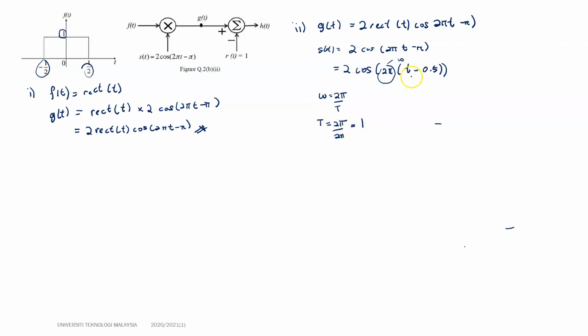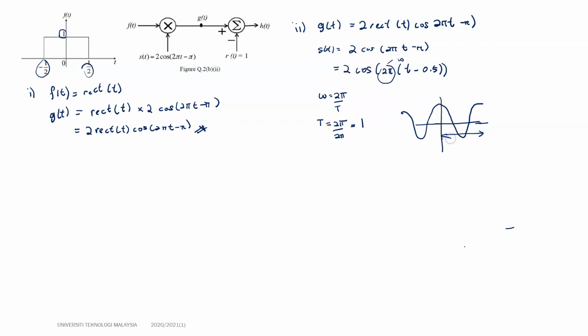So basically, this signal has to be shifted by 0.5 seconds, presuming this equation is in seconds. So t minus 0.5 means shift to the right by 0.5. We know that the original cosine function is like this. In order to determine the duration here, that is why we need to find the omega first.